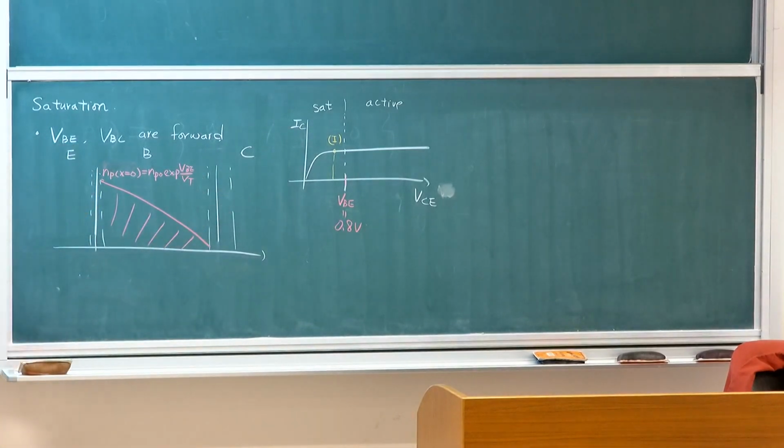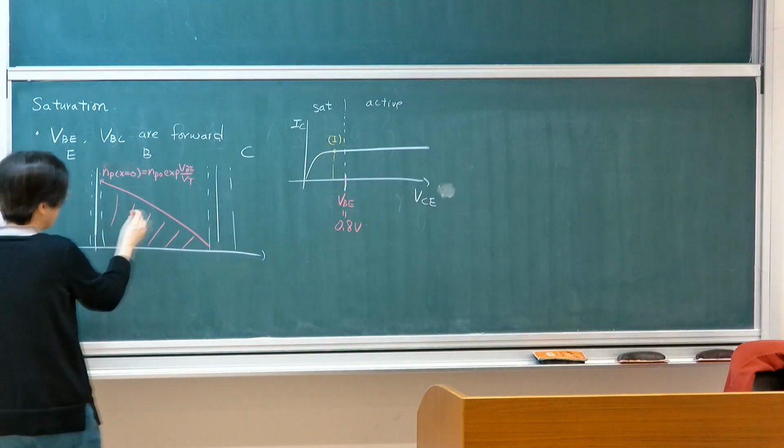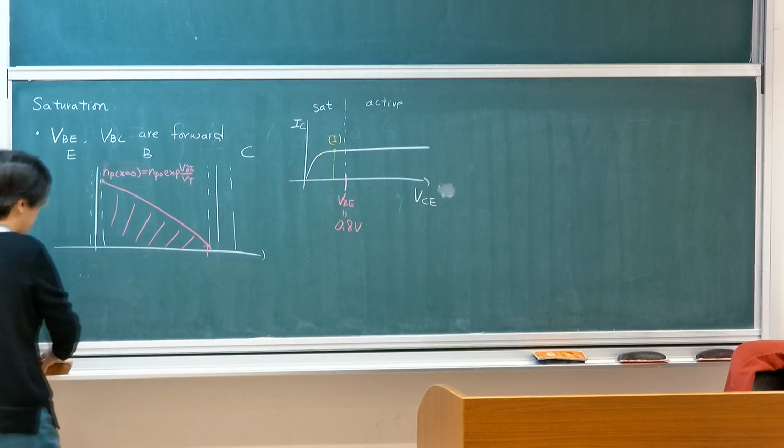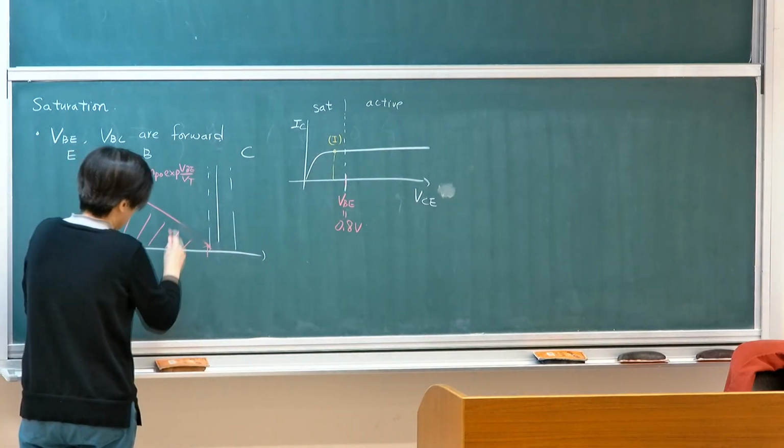So this point doesn't change because my VBE is fixed. But on the left-hand side, you start to forward bias this junction a little bit, so this will then be raised a little bit.